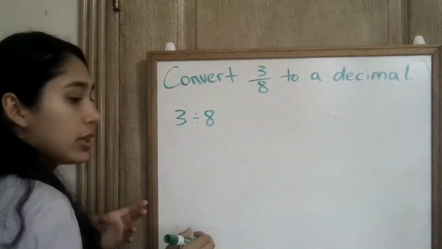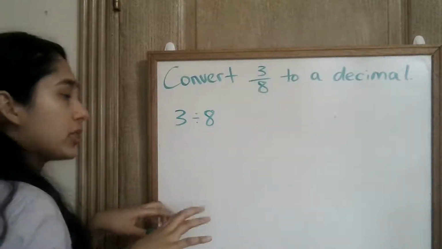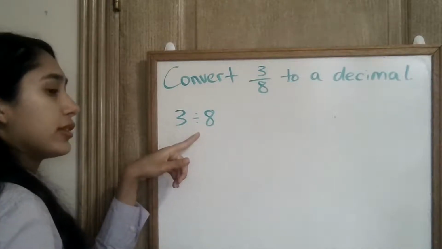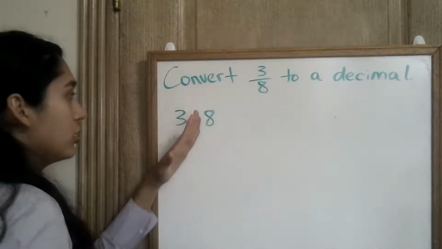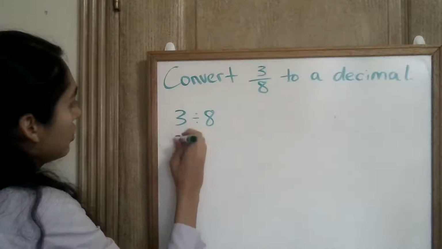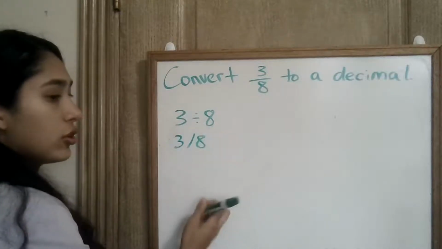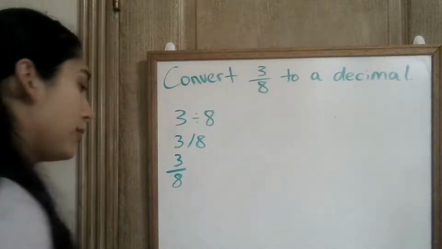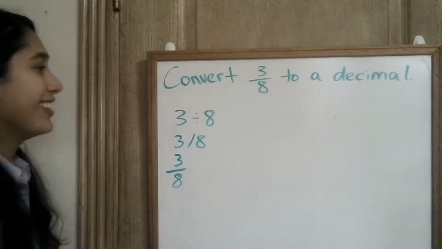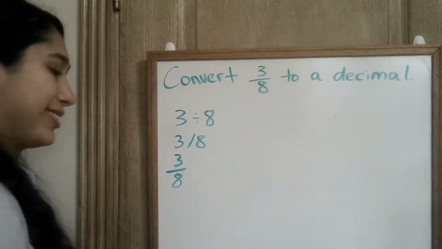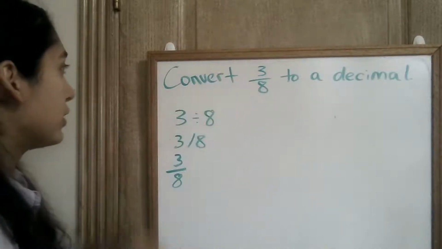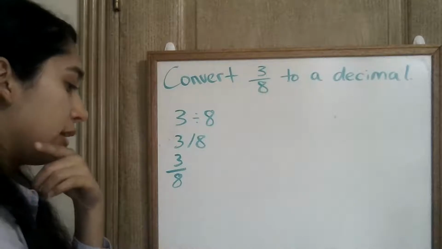Even on our keyboard when we're typing, we don't have this kind of division symbol. We have to use slash, which is just another way of writing the fraction. Like, oh goodness, math comes to haunt us everywhere. So knowing that it's basically a division, we can go ahead and divide this.